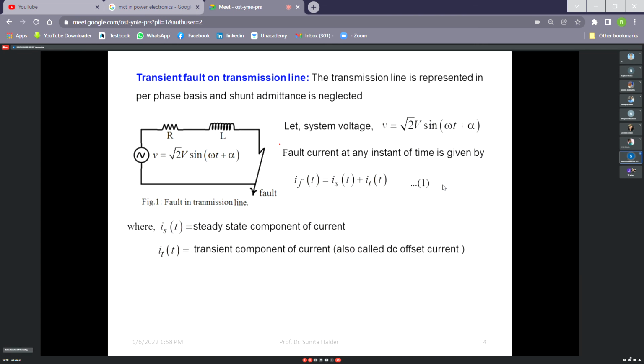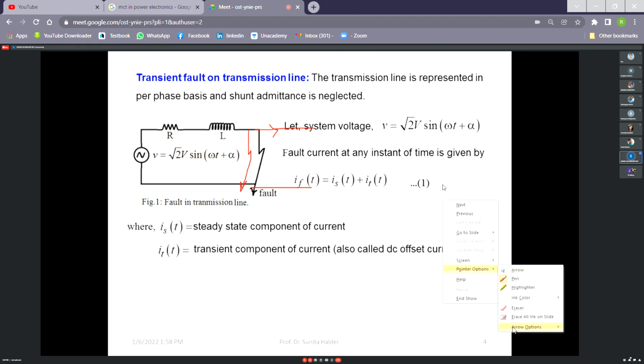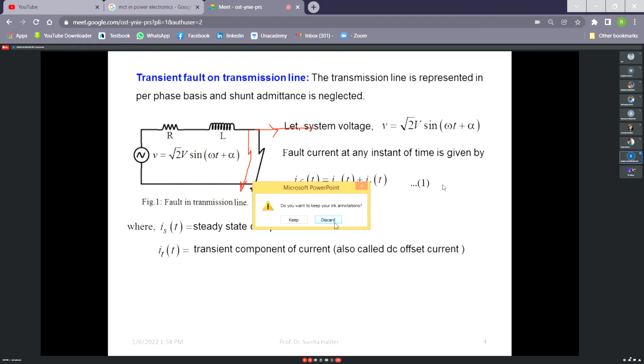Current was actually flowing through this path, but due to short circuit, current is now flowing in this path. This will happen suddenly, so it is like a switch. So we shall analyze this one by using the transient analysis.